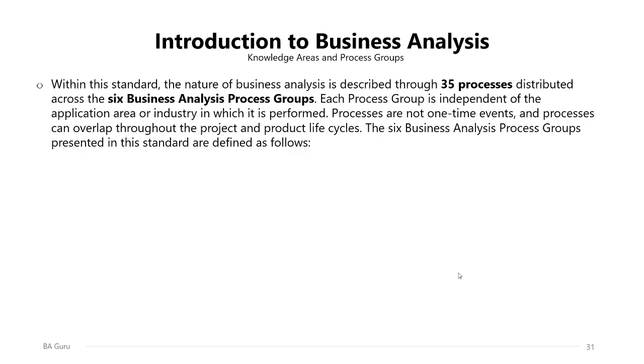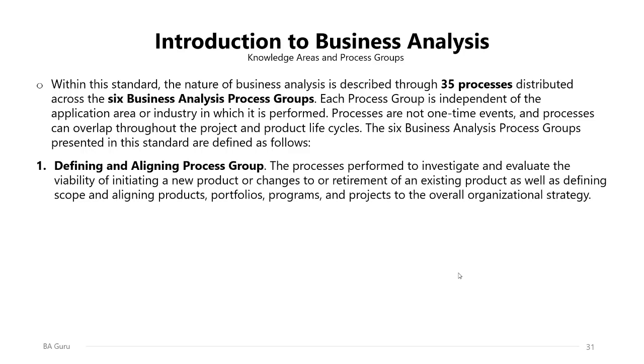The 6 business analysis process groups presented in this guide or standard are defined as follows, starting with the defining and aligning process group. This is the first process group we will have across the business analysis activities.